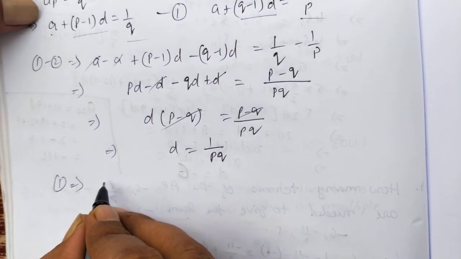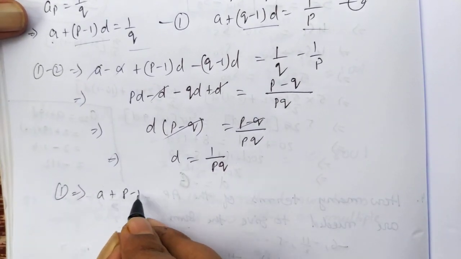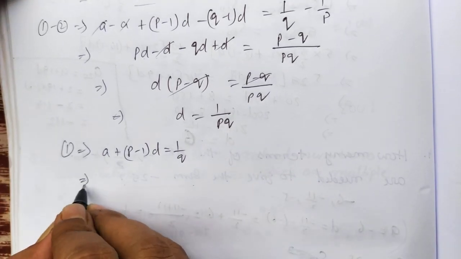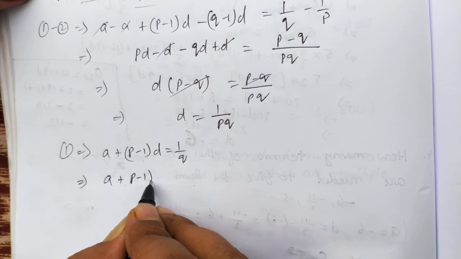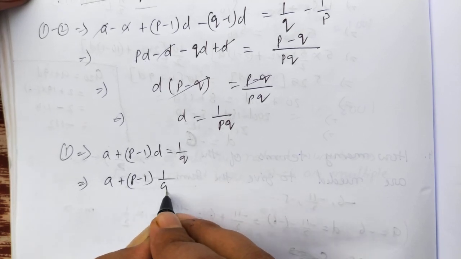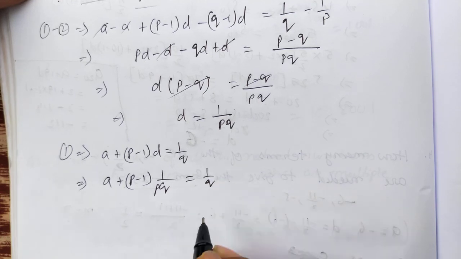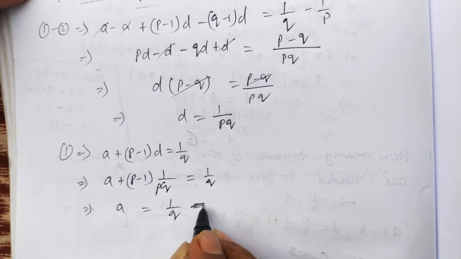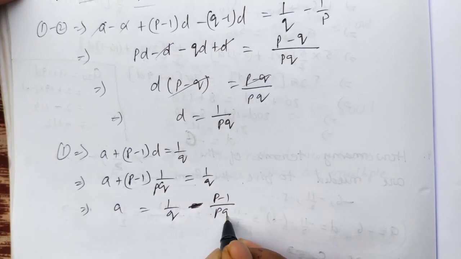Put this value in equation 1. Equation 1 is a plus p minus 1 d equal to 1 by q. Put the value: p minus 1, d is 1 by pq, equal to 1 by q. So a will be 1 by q minus, this thing will go on the other side, minus p minus 1 by pq.